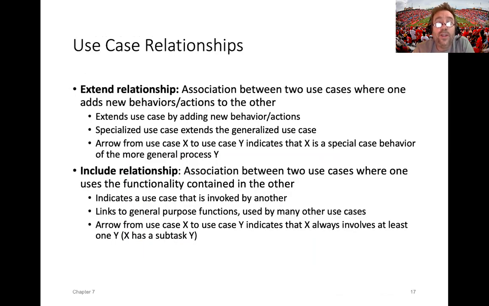An include relationship is an association between two use cases where one uses the functionality contained in the other. Do you remember that example we had where we were a shop owner and we wanted to place an order? At the same time as we place an order, we also initiate a reporting tool use case, so that as and when we do something, we also use the functionality in another use case at the same time.